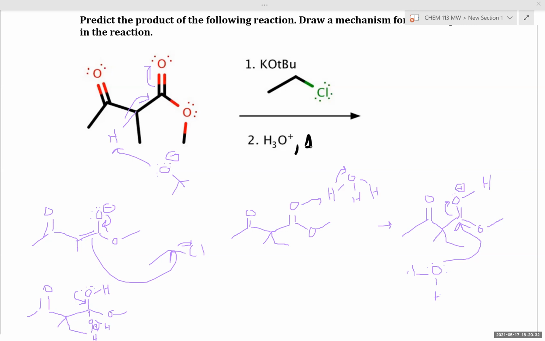So we can't just lose ethoxide directly. We're under acidic conditions. So just directly losing ethoxide wouldn't work or wouldn't be the major pathway, especially because we currently have this better leaving group of water floating around. But you are on the right track.